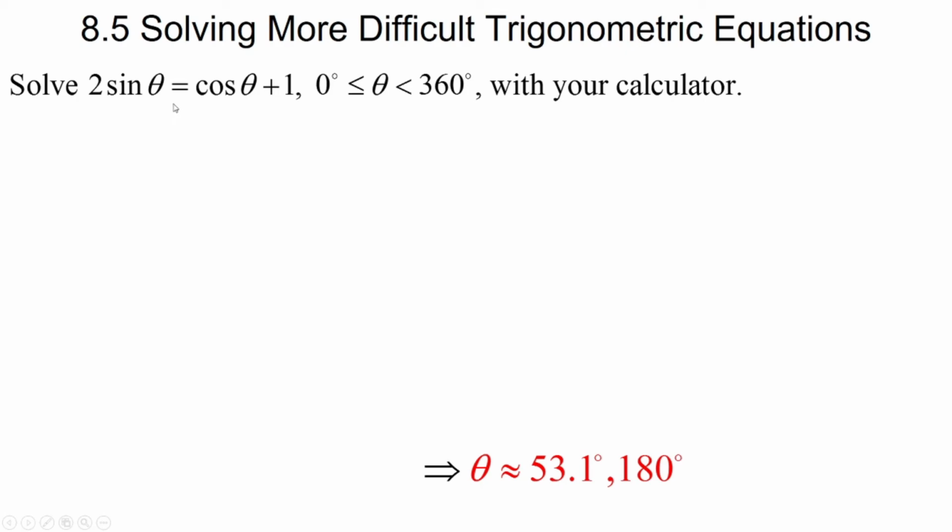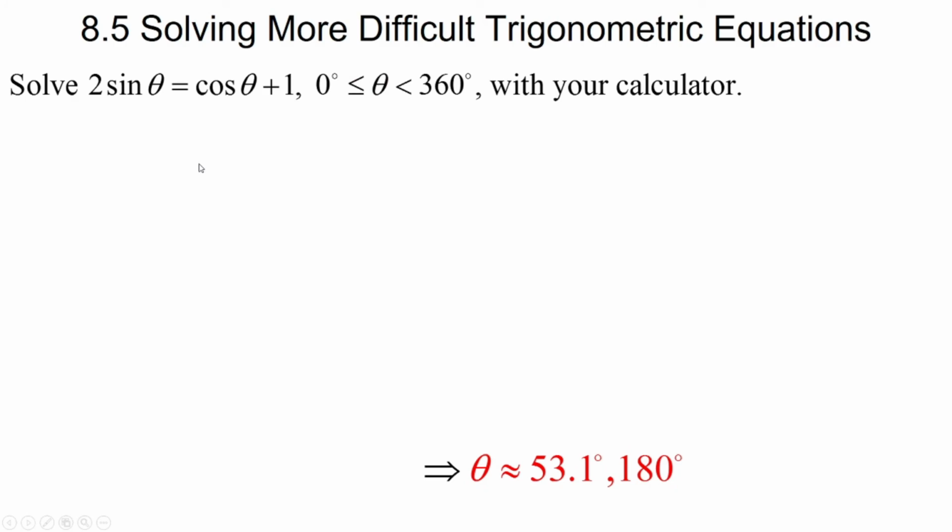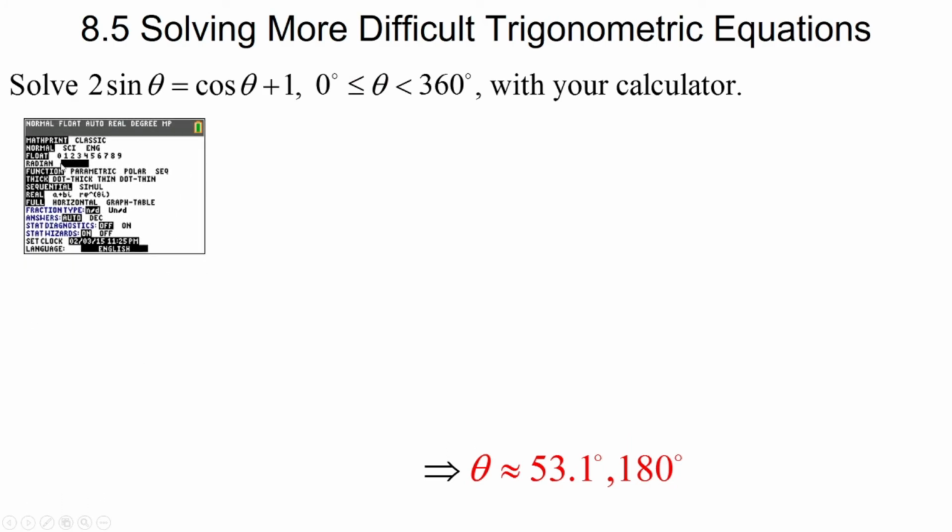Solve 2 sine of theta equals cosine of theta plus 1. I'm probably going to do the same thing I did just to check on the previous problem, where I put everything on one side and then checked each of the angles I had. So my first step is to make sure I'm in degree mode.